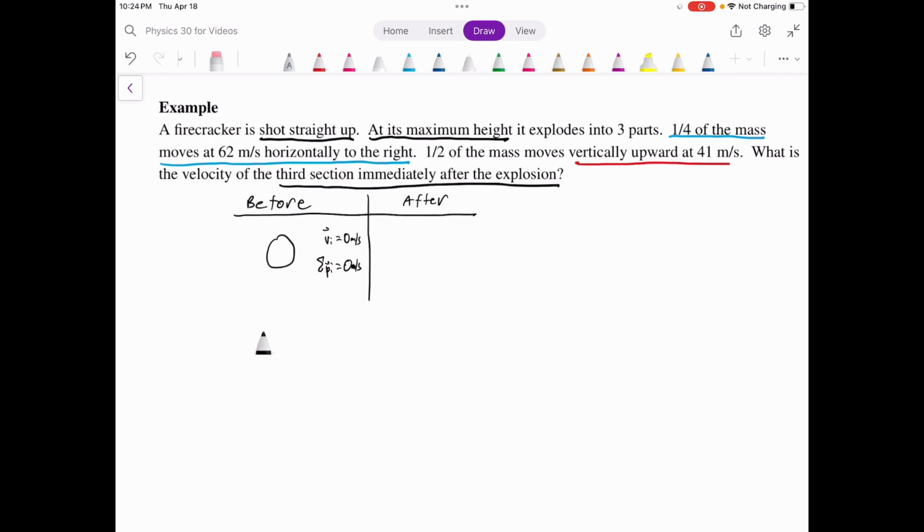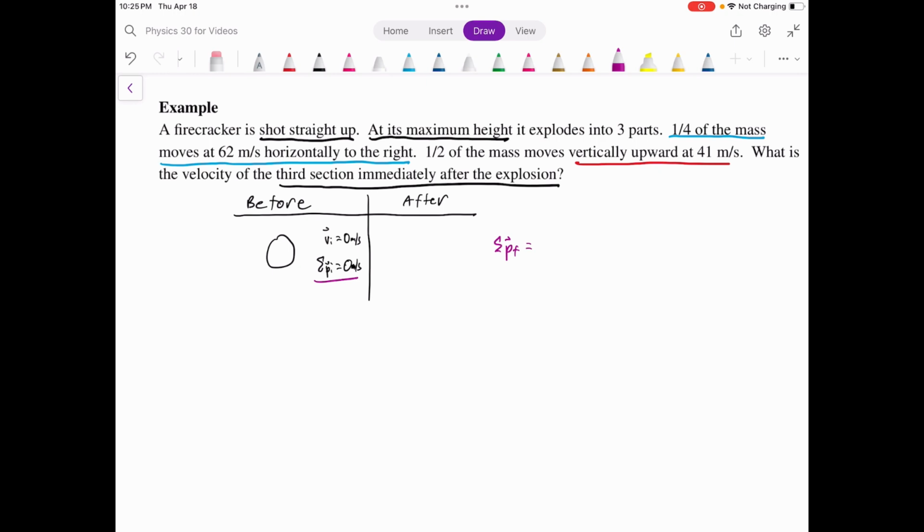But on these short time scales, in the instant just before and just after the explosion, we can say this approximates an isolated system and therefore apply conservation of momentum. So the great thing here is that the total initial momentum is 0. So without even thinking about it, if the total initial momentum is 0, what's the total final momentum?